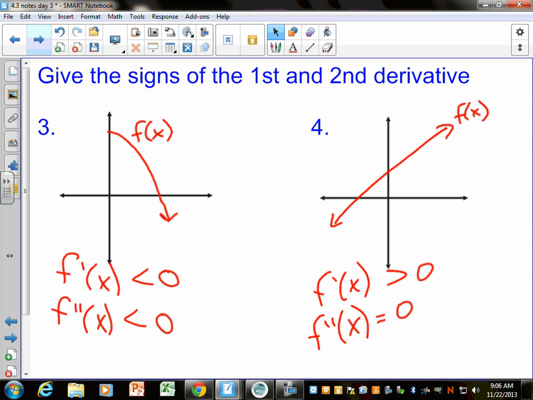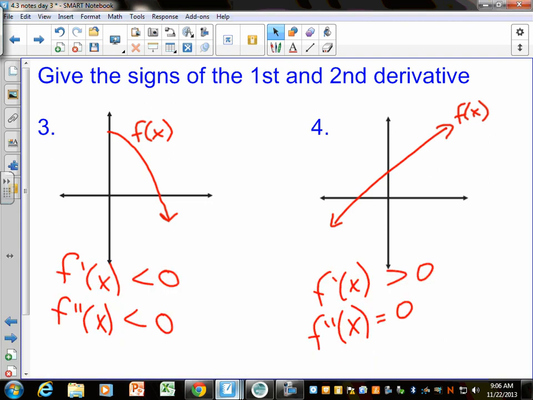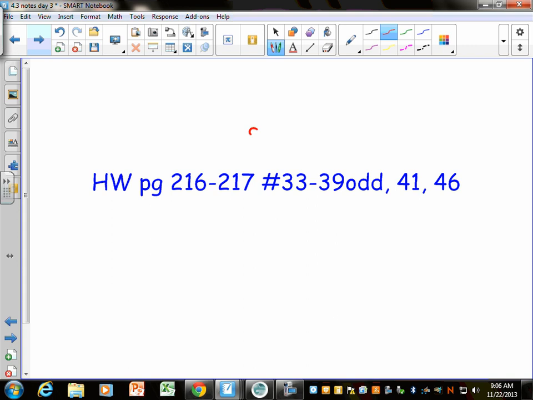Okay, so I want you to finish the homework from yesterday. So let's figure out which assignment that was. 21 through 29 odd. So 21 through 29 odd. That's the rest of yesterday's. And then, let's see what else we got.